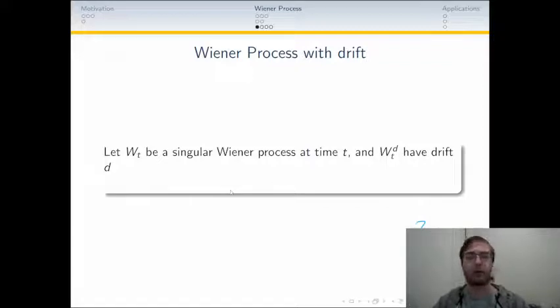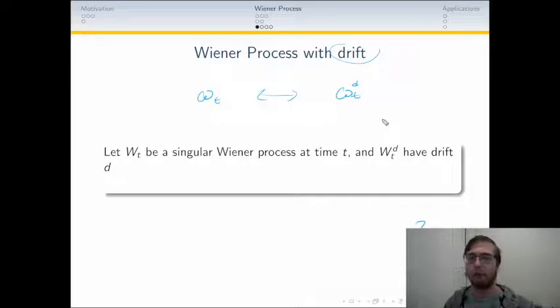So here's the Wiener process with drift. If we let W of t be a Wiener process at time t, and we'll say that W of td, so W of dt, then how are these going to be related to each other? What does it mean to have drift?